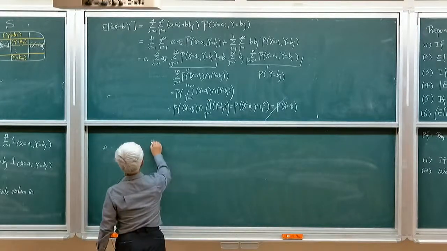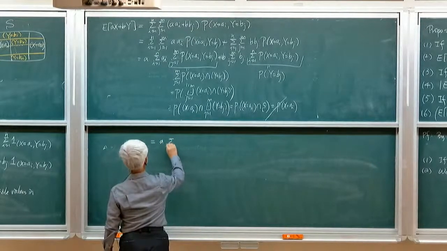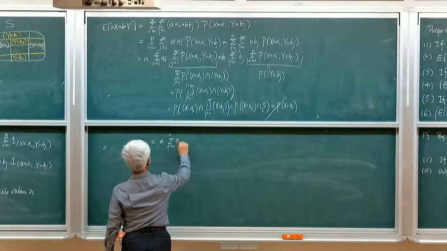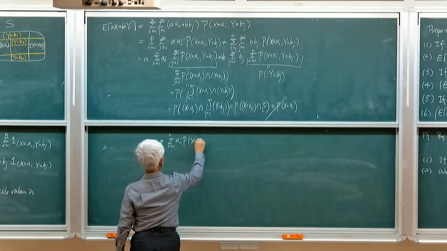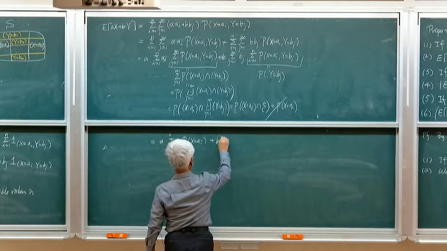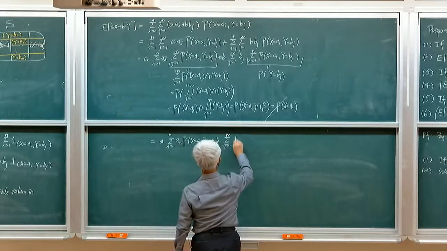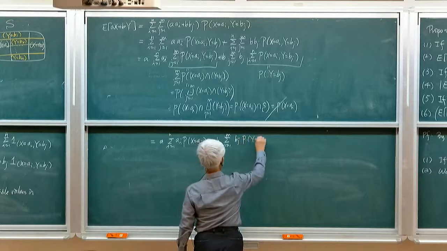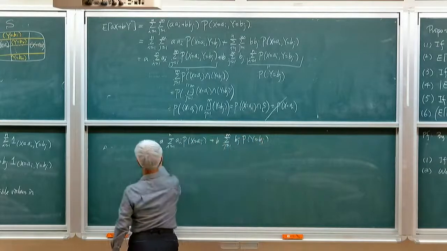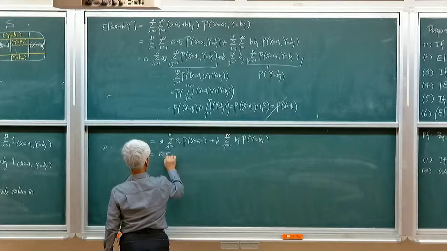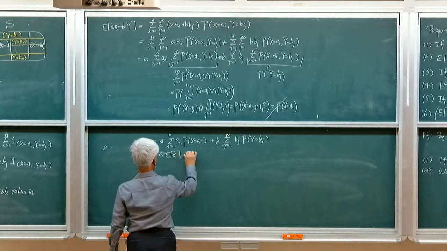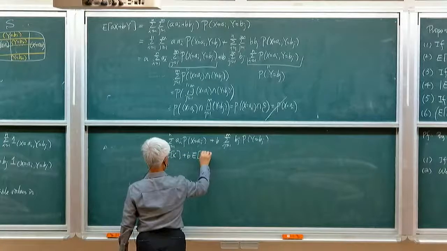All right, so this comes to a times the summation i from 1 to n of ai probability of x equal to ai, plus b times the summation j from 1 to m of bj probability y equal to bj, and this is a times the expectation of x plus b times the expectation of y.